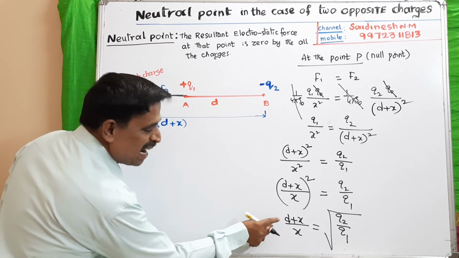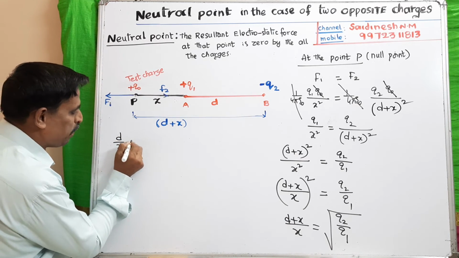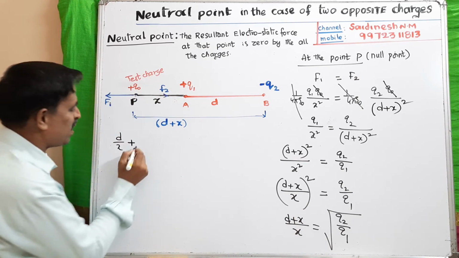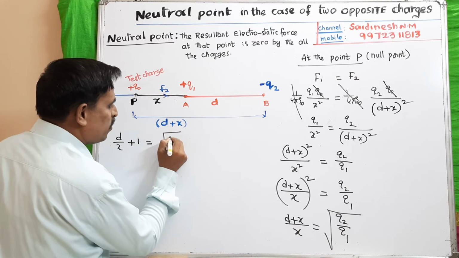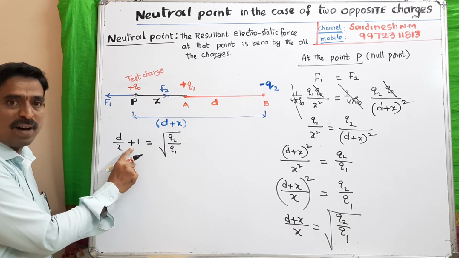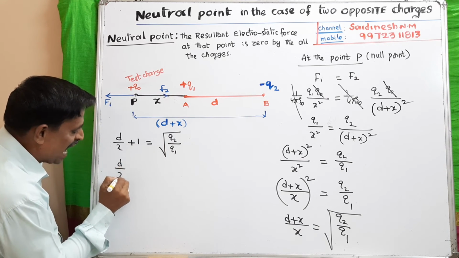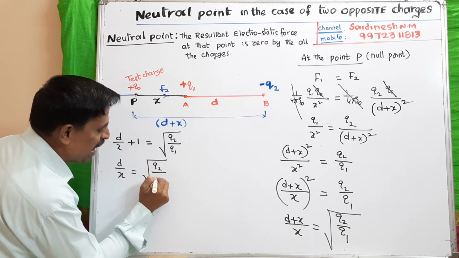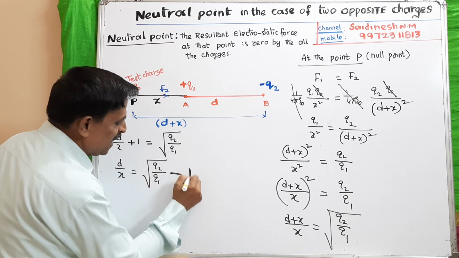This can be written as d by x plus x by x. x by x means 1. That is equal to under root of Q2 by Q1. Plus 1 comes to this side, minus 1. d by x is equal to under root of Q2 by Q1 minus 1.